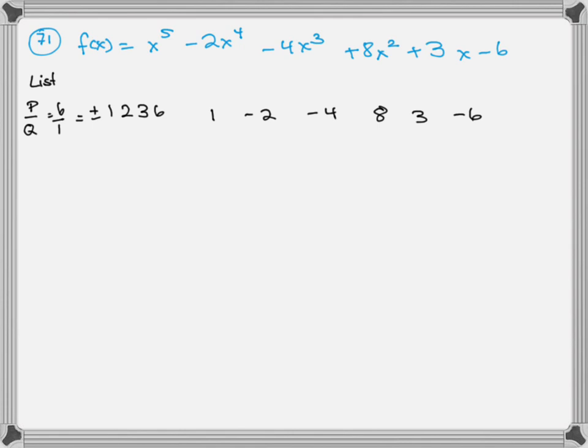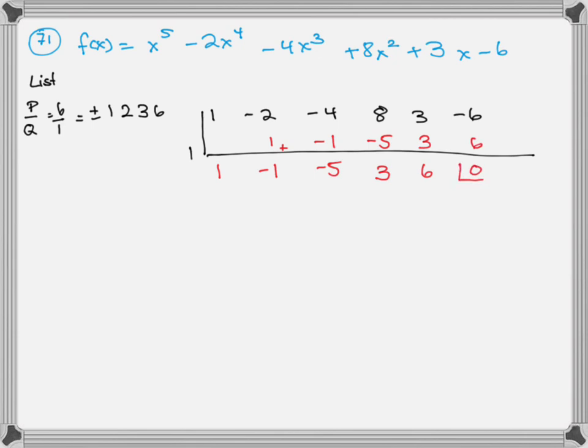Everything is in descending order, and we're going to use 1 and see what happens. 1 times 1 is 1, minus 2 is -1, -1 minus 4 is -5, then 3, 6, 6, 0. Oh, what do you know? So we found 1. Only 4 more to go.